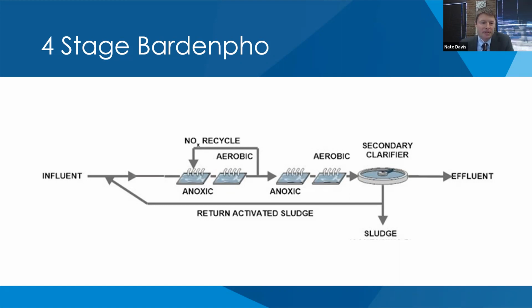And in some instances, if a plant has a really low total nitrogen limit, or depending on their influent carbon COD ratios, you can sometimes see a methanol feed or some type of supplemental carbon addition to this anoxic zone to drive that denitrification. And then the final step after that is to add another aerobic zone, bring the DO back up before you get into your clarifiers, so you don't have any issues with low DO in your clarifiers or effluent.